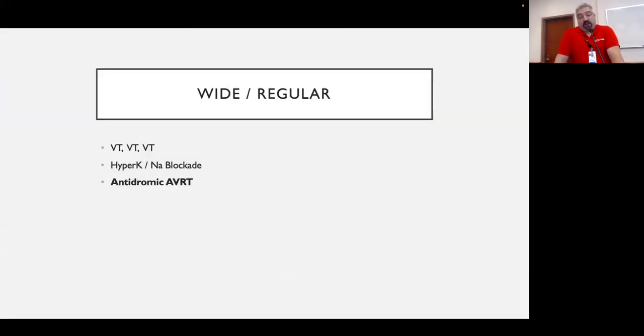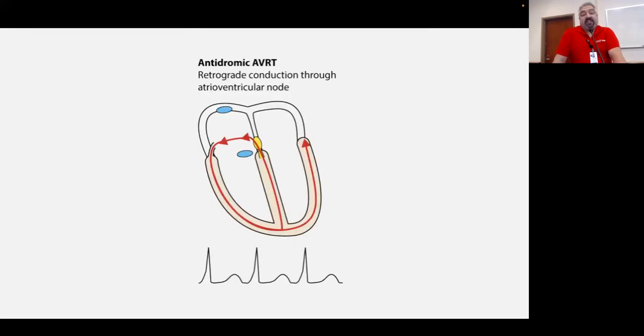Now, antidromic AVRT. What is the prerequisite for being able to have antidromic AVRT? Hint, it's the same prerequisite for having orthodromic AVRT. Yeah, you have to have an accessory pathway. So in antidromic AVRT, it's starting in the atria, going down the ventricles, retrograde along the His-Purkinje system, the His bundle branch system, back up the wrong way through the AV node, and then back down the atria, the ventricle.